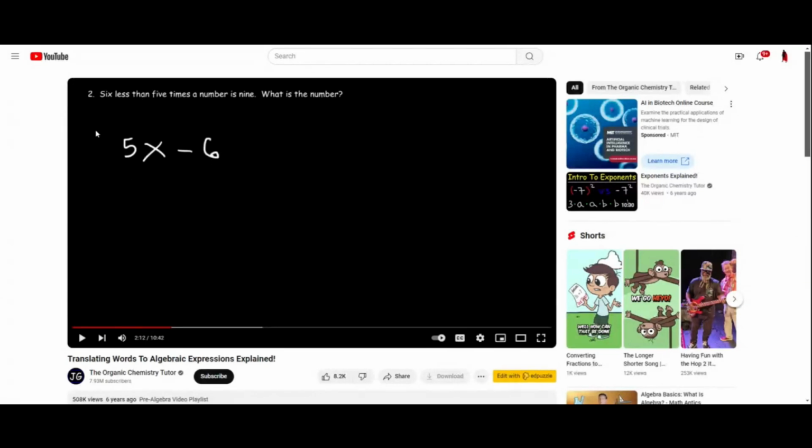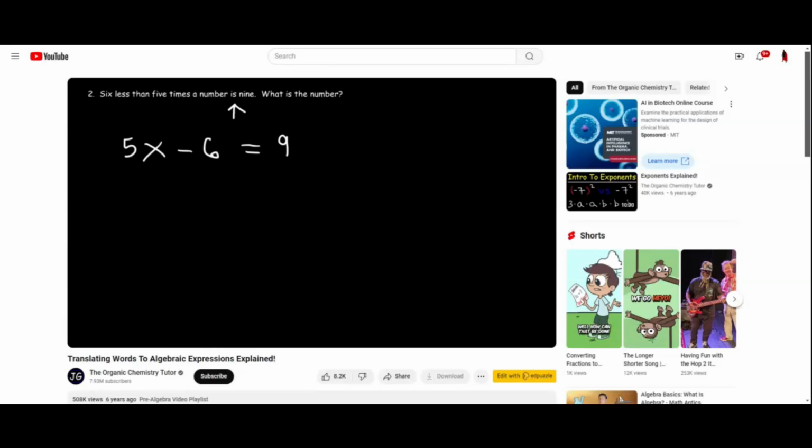So we've got to remember all of those words and what they mean. We'll pull that chart back up and take a look at it in a few minutes, but that's where this is coming from. Now we have that word is, so we're going to replace it with equal. So 6 less than 5 times the number is 9, or is equal to 9.